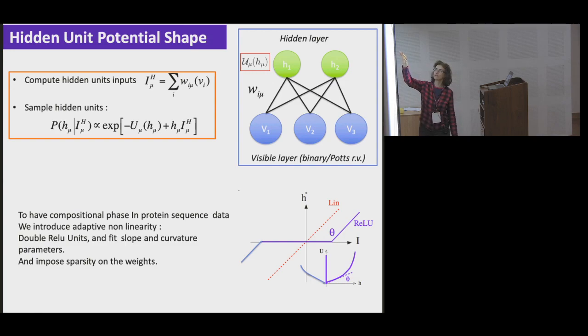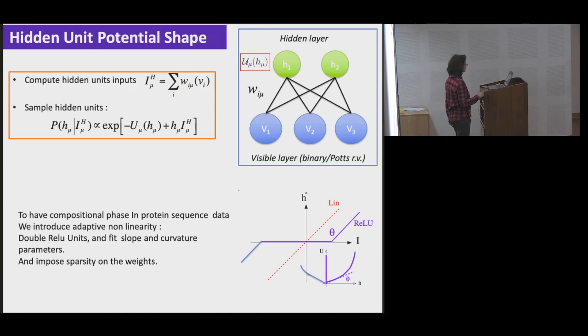You have a potential which is a priori a double ReLU, so it has 4 parameters, 2 slopes at the beginning and 2 curvature parameters, and you fit these parameters also through learning, so you can go from, for example, quadratic hidden units to ReLU hidden units or Bernoulli hidden units. You can adapt your hidden units to your data. And also a very important fact is to impose sparsity through regularization, and we'll see it better in the next part.